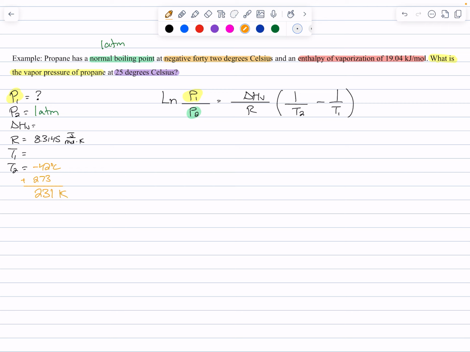That's T2. T1 is 25 degrees Celsius, and adding 273, that is 298 Kelvin. Delta H vap was 19.04 kilojoules per mole. Now I just have to remember that we have kilojoules there and joules there.